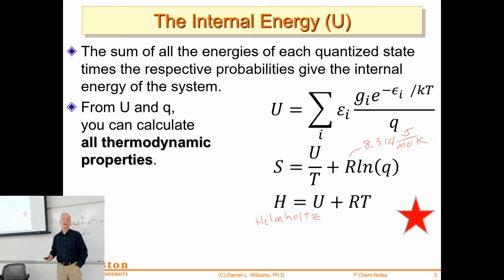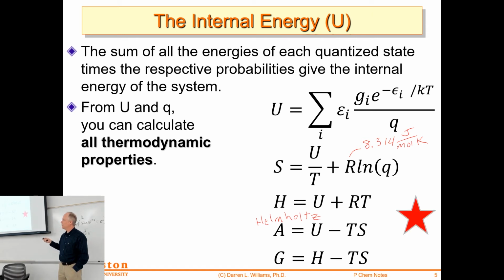It's cheap, easy to clean, you can see through it. So we like glassware, so we do everything at constant pressure, and that's the enthalpy, I'm sorry, I messed up. The enthalpy is enthalpy. This is the Helmholtz free energy, A, and then the Gibbs free energy, G. So hopefully I didn't confuse you. I got ahead of myself because of the writing from last year. Okay, so we have USHAG, that's my acronym.